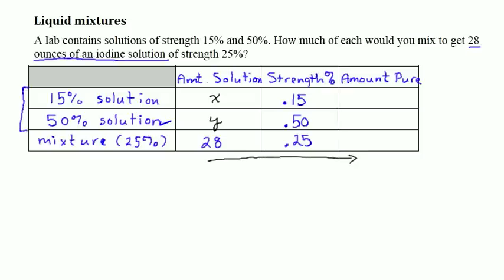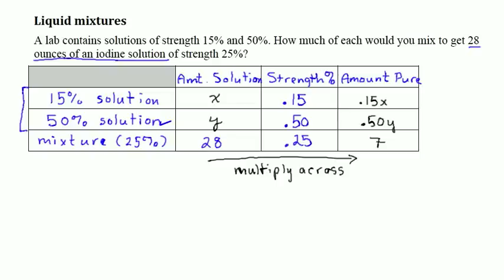I still multiply across to fill in that remaining column. So x times 0.15 gives me 0.15x. Y times 0.50 gives me 0.50y. And 28 times 0.25 gives me 7.